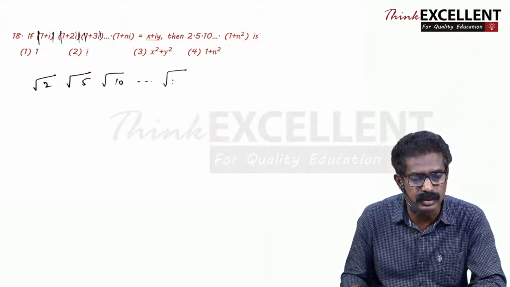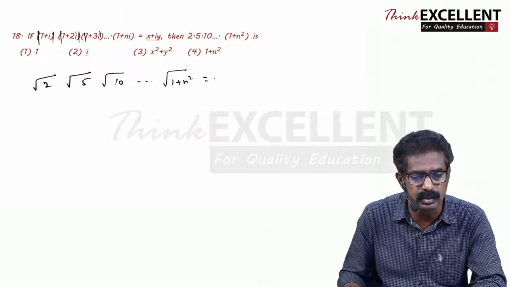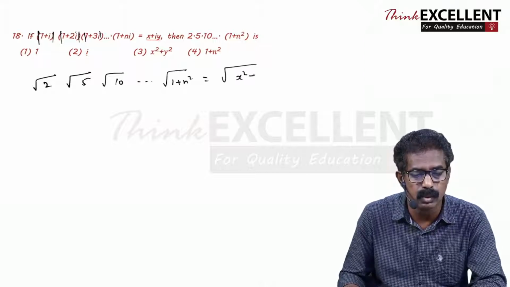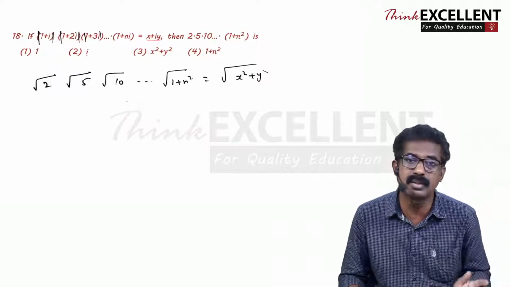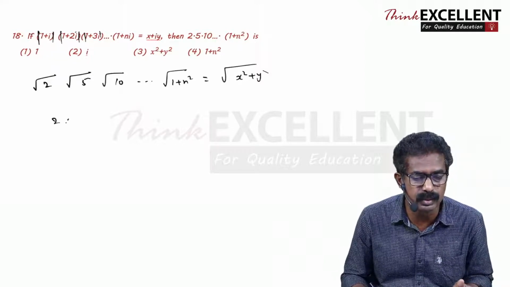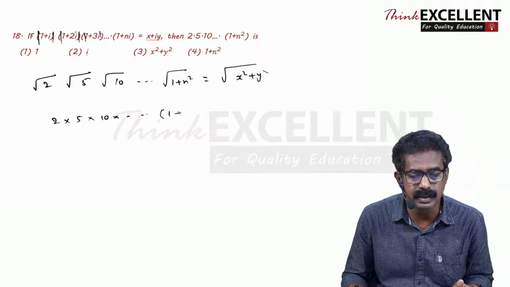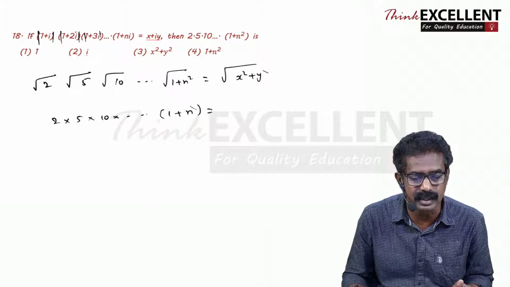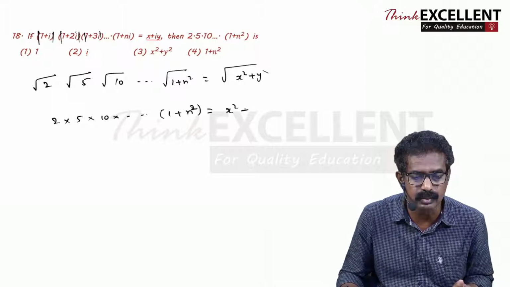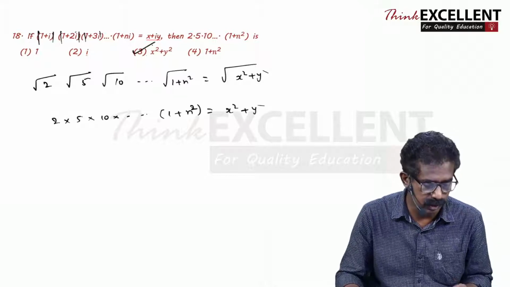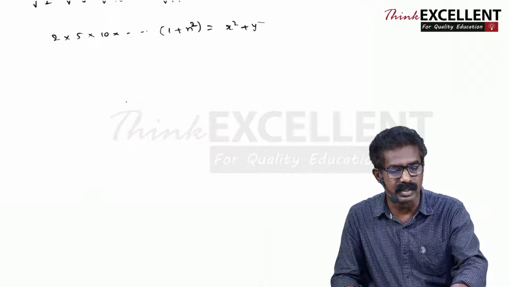The last one is root of 1 square plus n square, equal to root of x square plus y square. To avoid the root, you square it. When you square, you get 2 into 5 into 10 and so on into 1 plus n square, and that is what they ask. The right side squared gives x square plus y square. So it is option number 3. It's a very simple question.